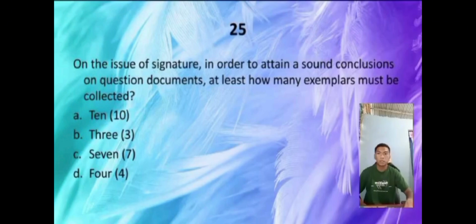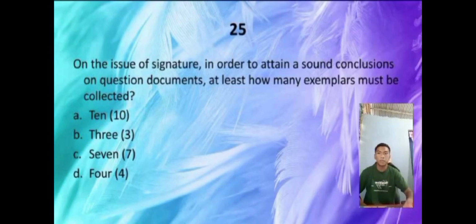And C, 7. Collecting 7 explainers of signature is actually better than just collecting 3 or 4. It can also provide useful information for comparison, but still, more samples would enhance the reliability of the conclusion.